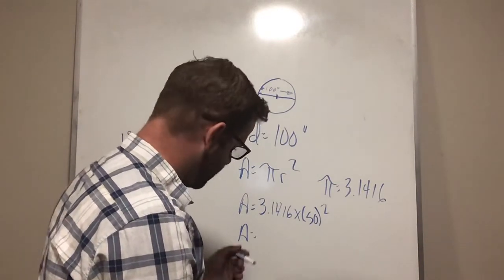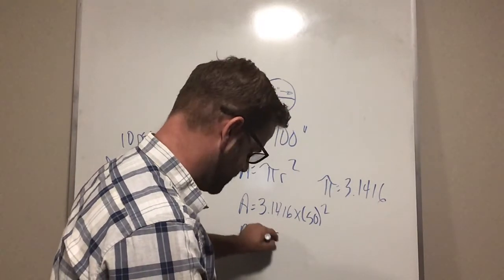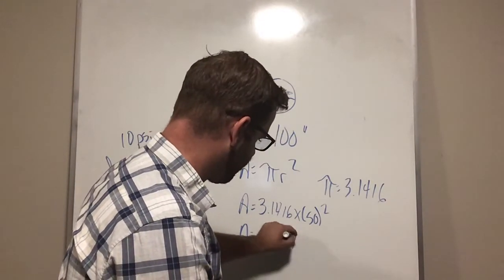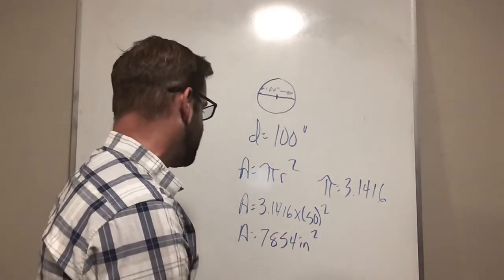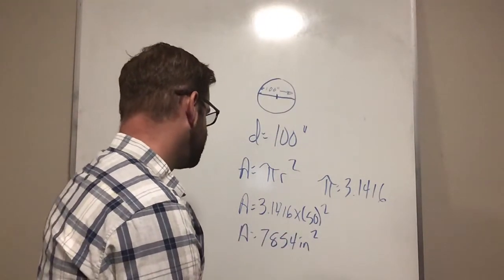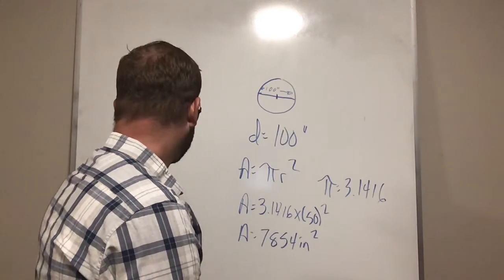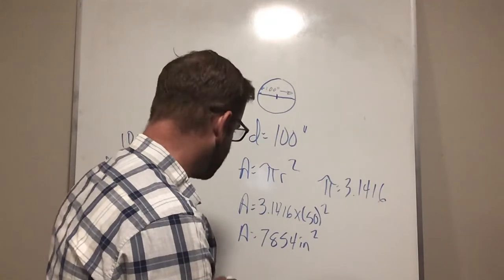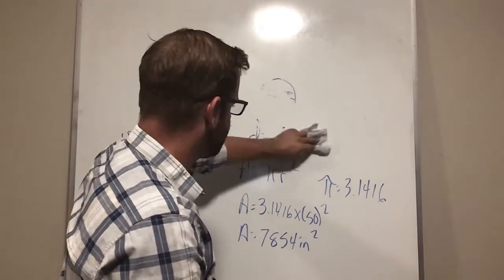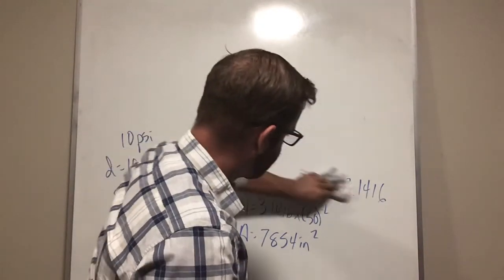So we get an area of 7,854 inches squared. And that exerts 10 psi of pressure on the ground. So we can erase this part of it here.